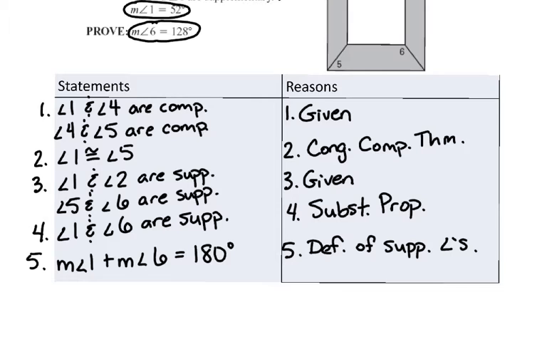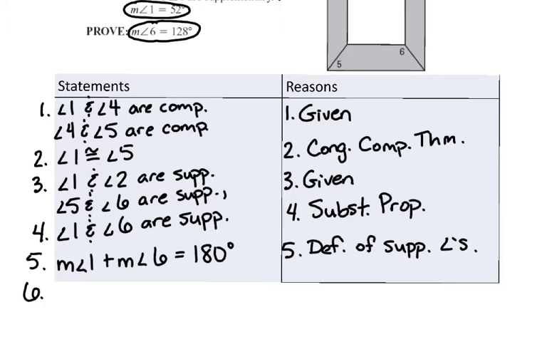Now, on this one, what I'm going to say is, let's substitute in what we know the measurement of angle 1 to be. Well, I guess we need to state that in our given information somewhere.